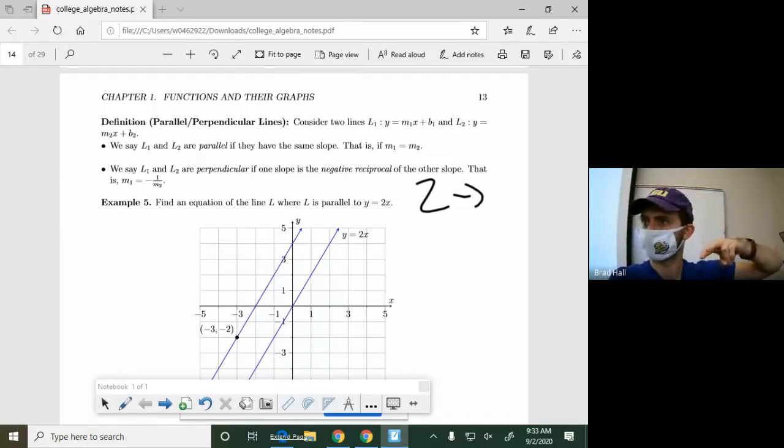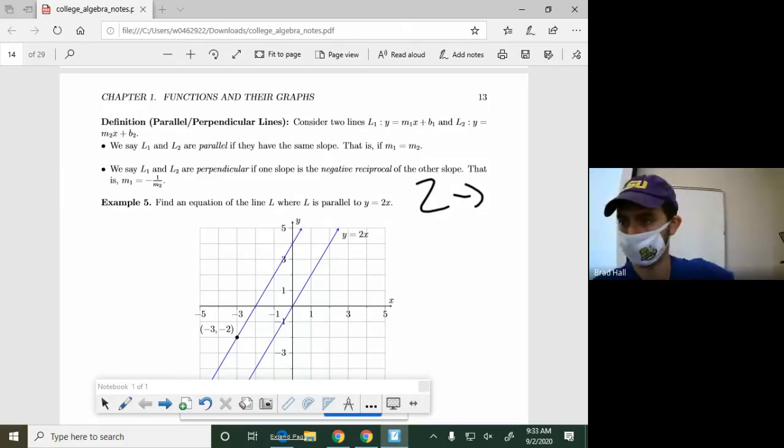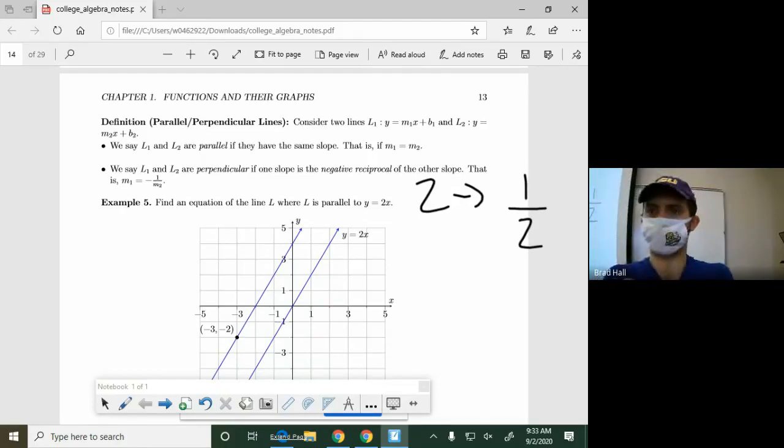That's the reciprocal, just flip. So 2, if you flip 2, it would be 1/2. And then you just change the sign. If it were a negative number, you'd make it positive. If it's positive, you make it negative. So that would be the slope of a perpendicular line.